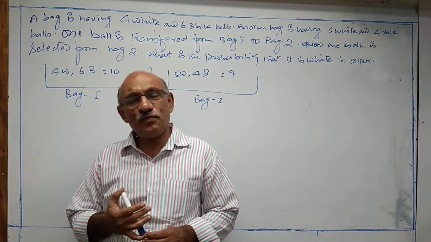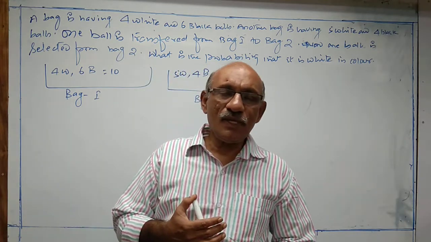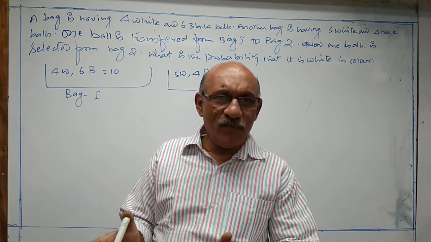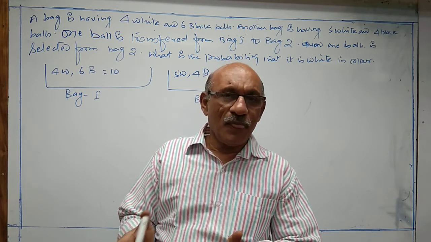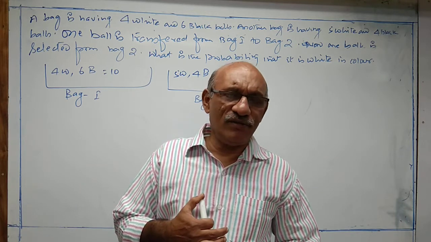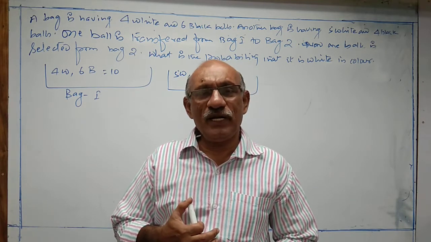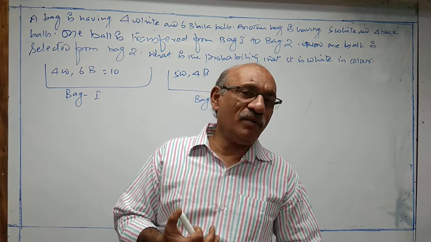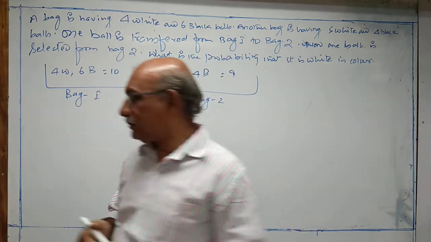I am repeating this point once again. When a ball is transferred from bag 1 to bag 2, then the color of the ball is not given. So there may be 2 possibilities. A white ball may be transferred from B1 to B2, or a black ball may be transferred from B1 to B2.